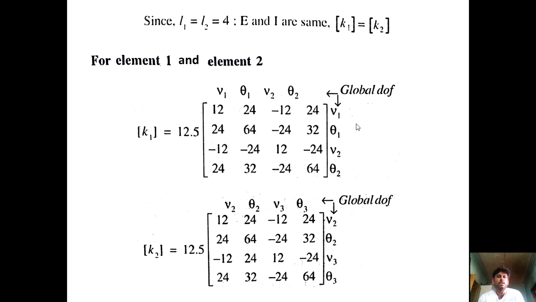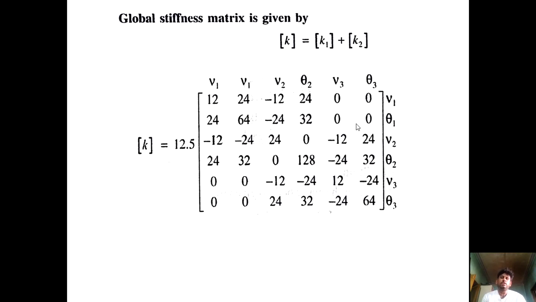I need to convert these elemental stiffness matrices into a global stiffness matrix, that is K equals K1 plus K2. Since there are 3 nodes, there should be 6 variables, so the final matrix should be of order 6 cross 6.